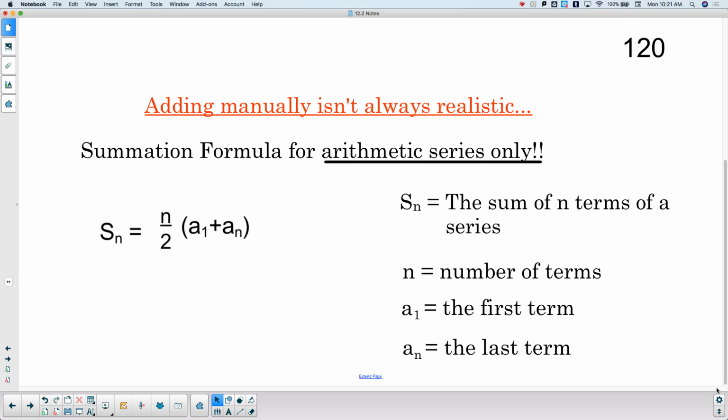And I multiply that by the sum of the first and the last terms in the series. I'll give you guys a second to write that down. Very important for today.